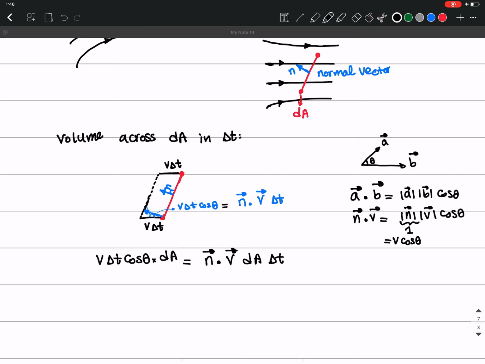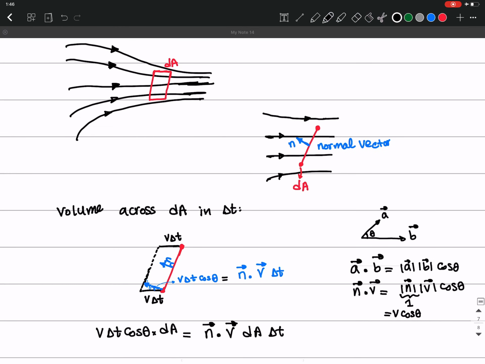Also, we have a convention here. First of all, one convention is we always define the normal vector toward outside of any control volume. So if we have something like this, the normal vector, we always define it toward outside. Okay, so this is the first convention we have, and you need to remember.